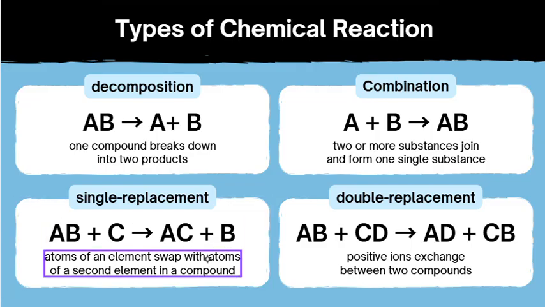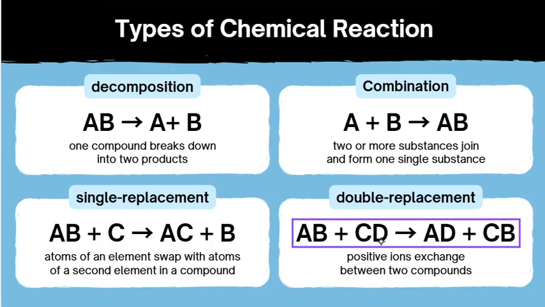Atoms of an element swap with atoms of the second element in a compound. Double displacement: AB plus CD will give AD plus CB. Positive ion exchange between two compounds occurs. I hope this was clear. This is all summarized in one slide.